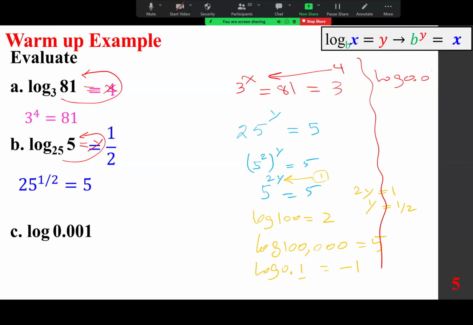Log of 0.01 has 2 decimals, -2, so this one has 3 decimals, -3, or you may recognize it as 10 to the power of -3, and that's why the answer is negative. So very straightforward, everybody.